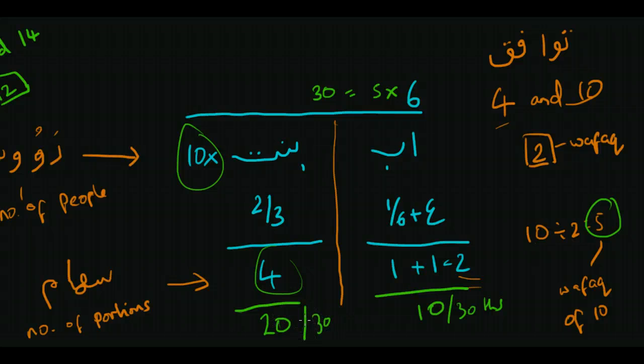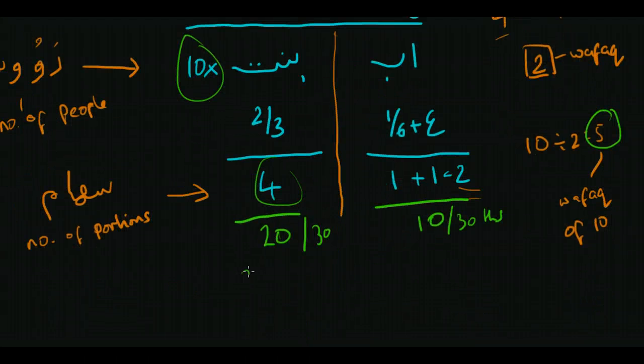And this time, if you look now, the daughters are sharing 20/30ths, there's 10 of them, and so they each get 2 parts. They each get 2 each. So now we've got a whole number, rather than having 4/10ths as we had up here.